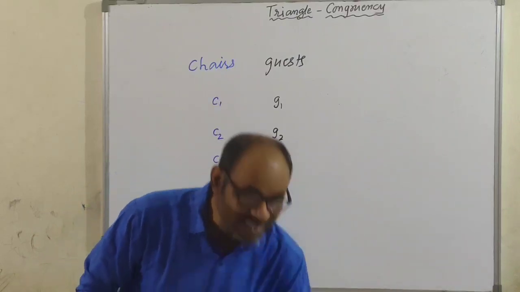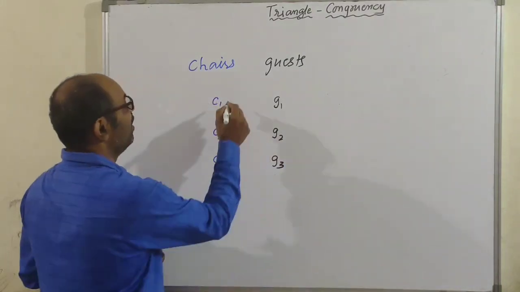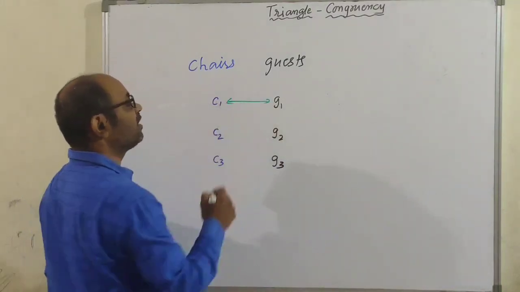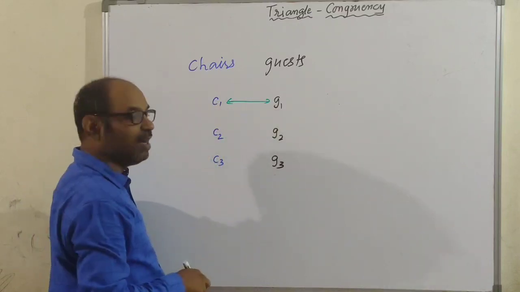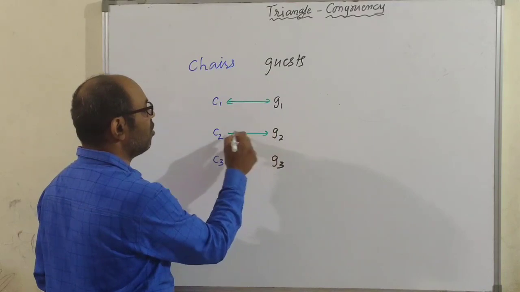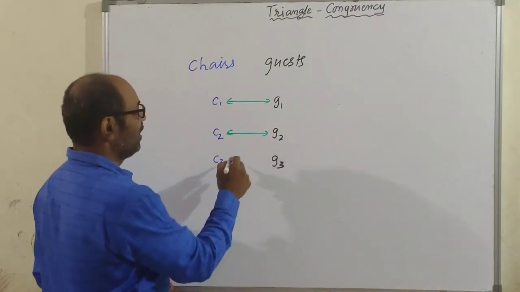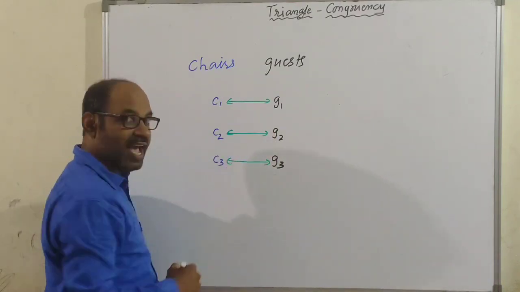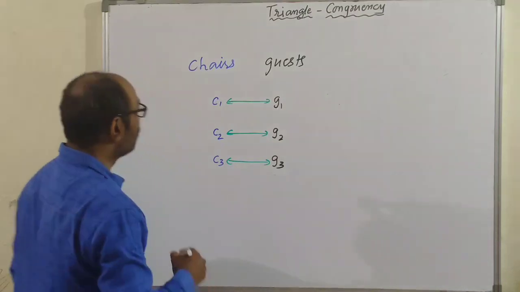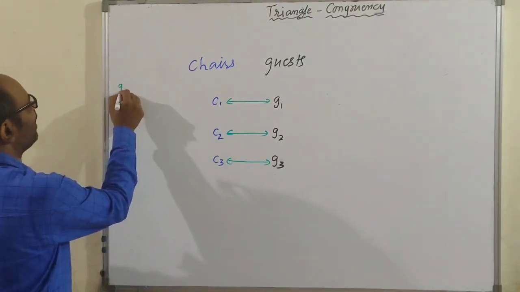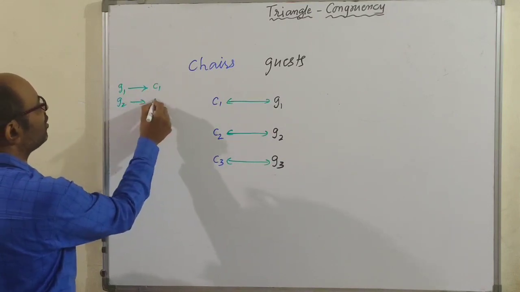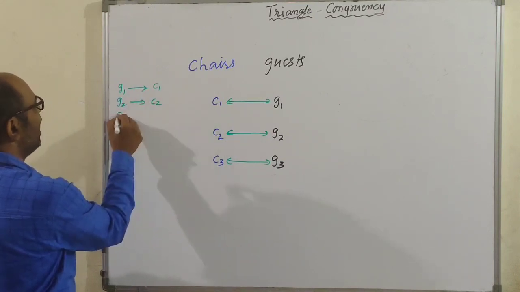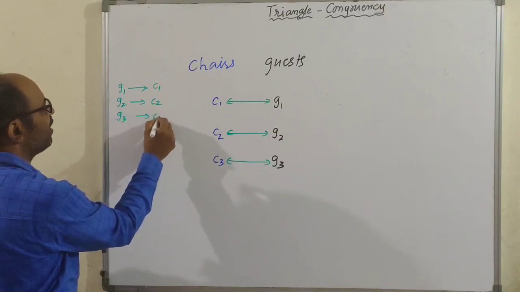All right, let's see. First, guest 1 sits on chair 1. Guest 2 sits on chair 2. Guest 3 sits on chair 3. So this is the first arrangement. I may write like this: G1 sits on chair 1, G2 sits on chair 2, and G3 sits on chair 3.